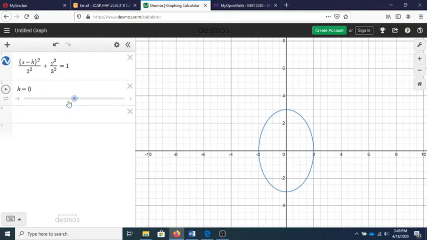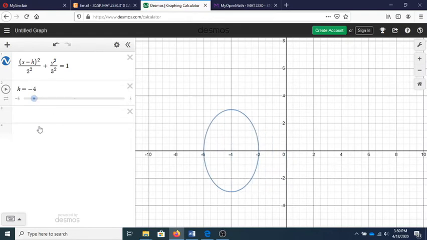If h is 0, then the ellipse looks like it did before. But if I let h be 1, that shifts me to the right. If I let it be 2, it shifts me to the right further. Or if I let h be negative 2, then it's like we've got x plus 2 up there. That shifts me to the left.